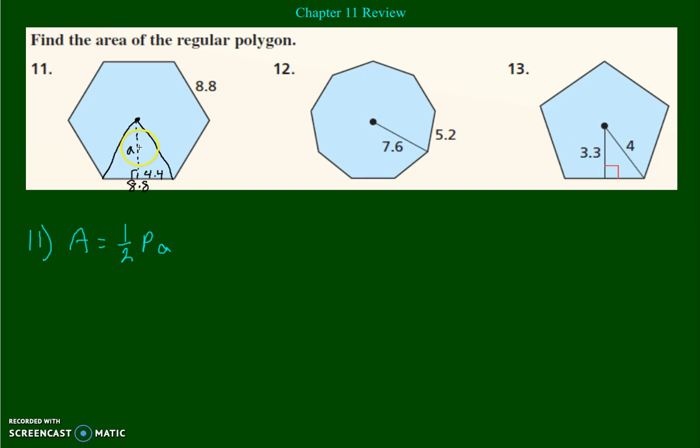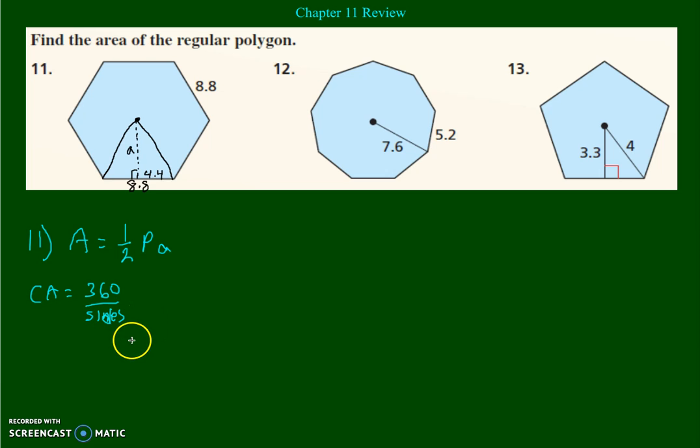And to find the measure of that angle, all I really need to do is take 360 and divide it by the number of sides. Because there's 360 degrees in a circle, and there's 6 of these angles. So 360 divided by 6 gives us the central angle. So central angle equals 360 divided by the number of sides.